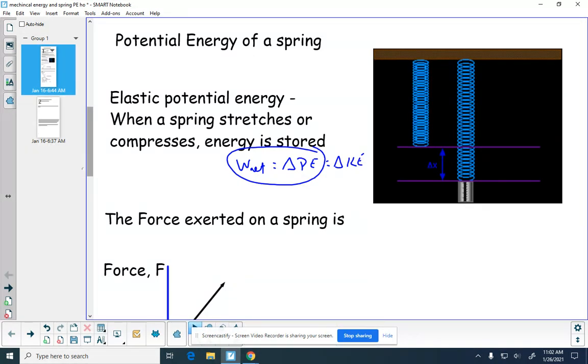So there's still a direct connection between the amount of force exerted for a distance and work going into energy. This is going to be stored energy for the object, whether it's a spring or a rubber band.